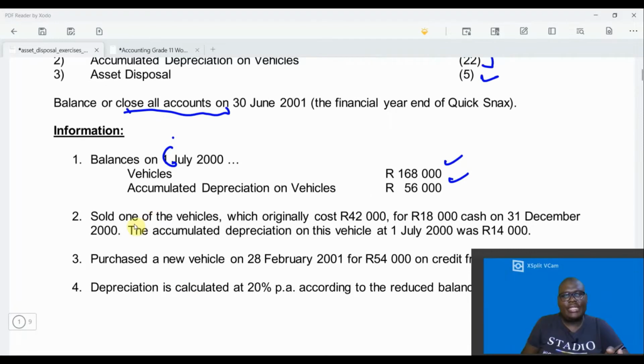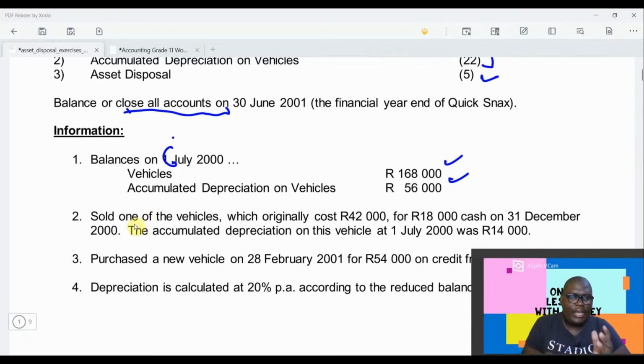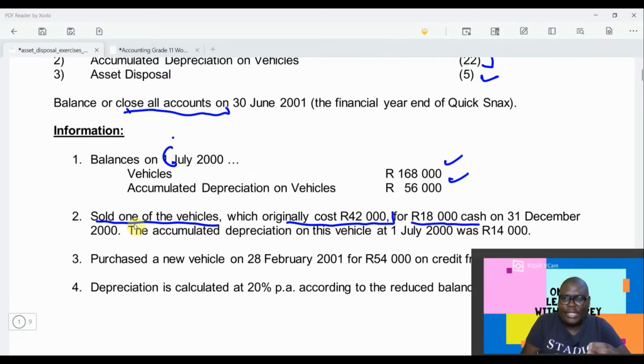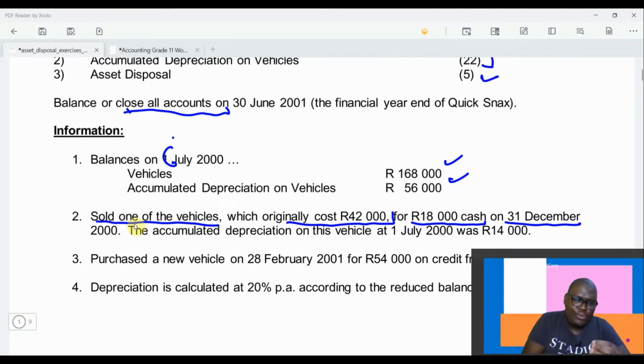Now here they are telling us that we have sold one of the vehicles, which originally cost 42,000. Okay, so we've sold a vehicle that cost us 42,000, and they're saying we only sold it for 18,000 cash on 31 December 2000.